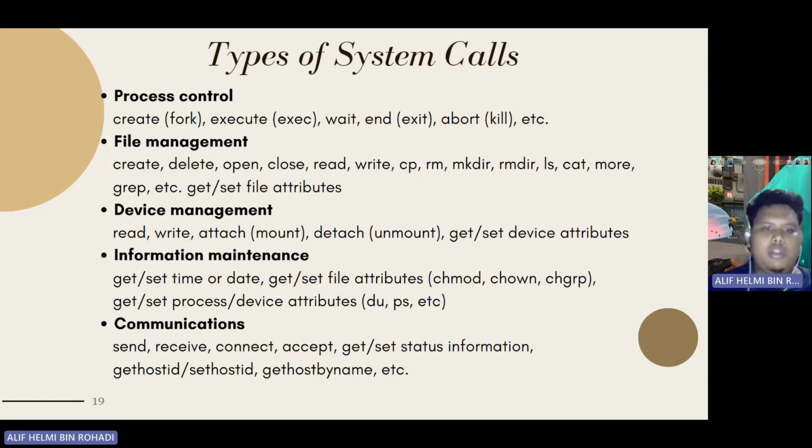Information maintenance is get time or date, and set file attributes and device attributes. Communication can send, receive, connect, and get and set status information.